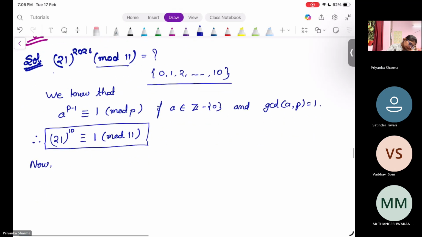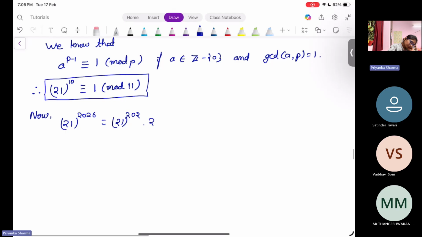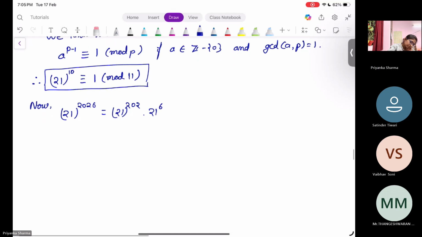Now 21 to the power 2026 is equal to 21 to the power 10, whole to the power 202, into 21 to the power 6.